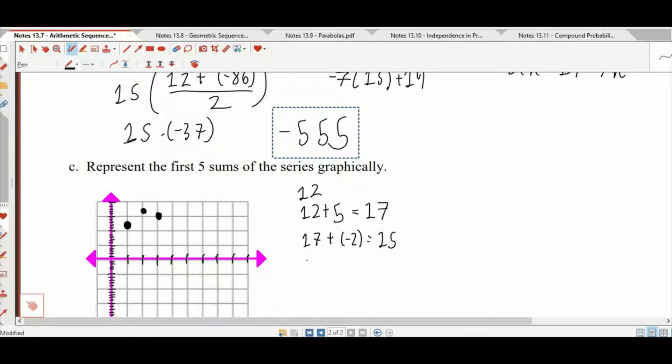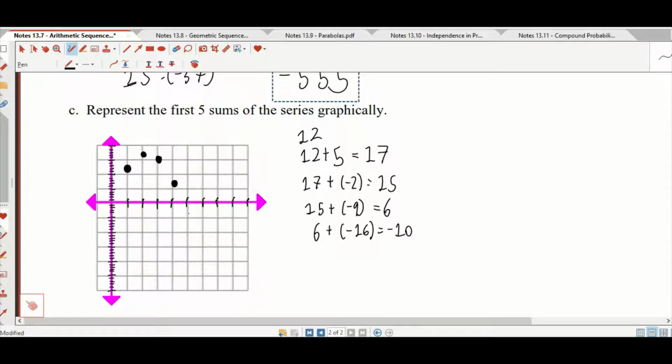Next term would be 15 plus negative 2 minus 7, which is negative 9. 15 minus 9 is 6. The fourth term is 6. And finally, we would take that term and add negative 9 minus 7, which is negative 16, which is negative 10. So the fifth term is negative 10.